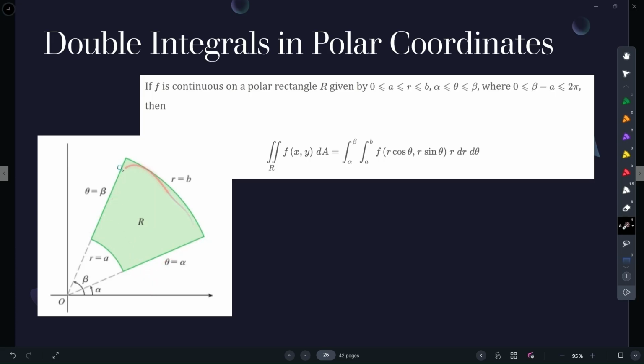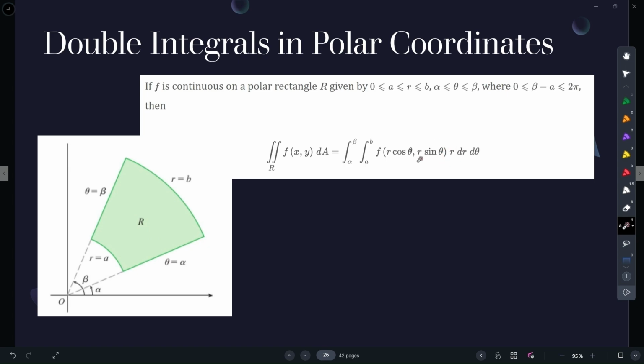So this is what we call a polar rectangle. And then the integral of the function on this region will be the integral in polar coordinates, dr d theta. The r is going from A to B, and theta is going from alpha to beta.